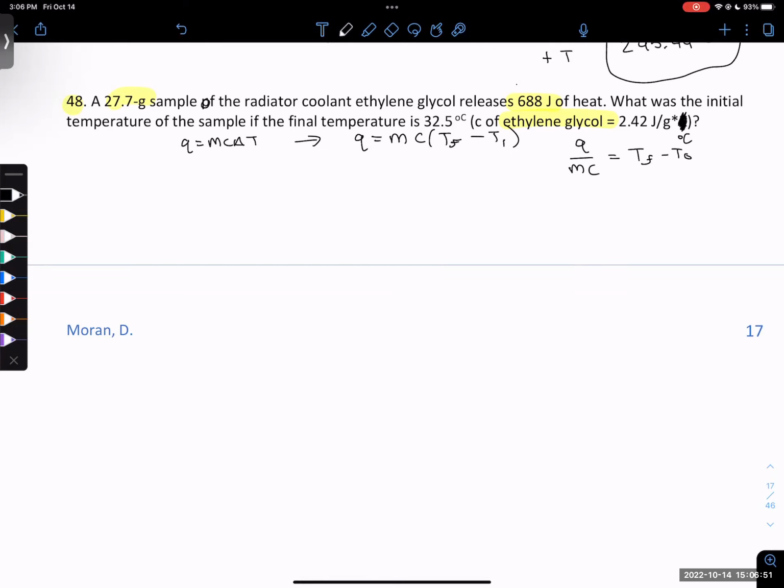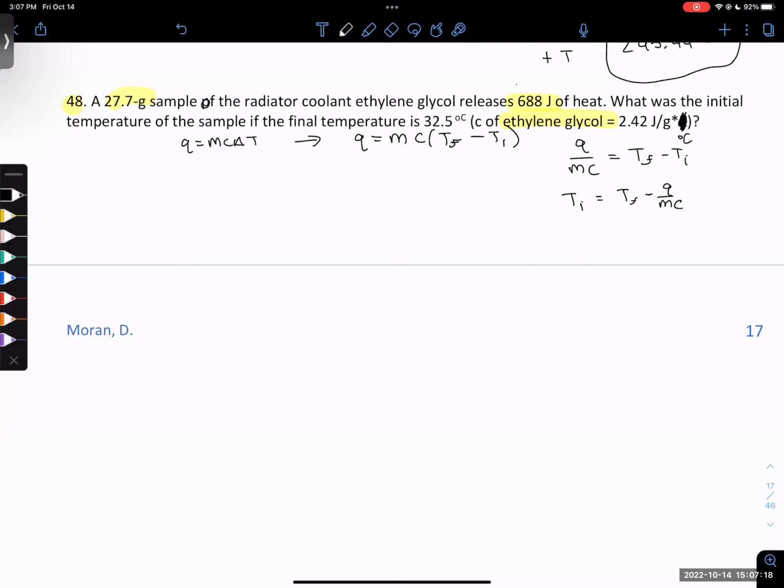Now I'm gonna add T initial to both sides, and then subtract Q over MC from both sides. So you're gonna end up with T initial is equal to T final minus Q over MC.